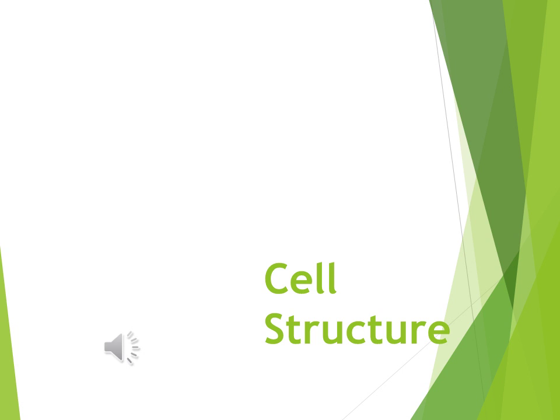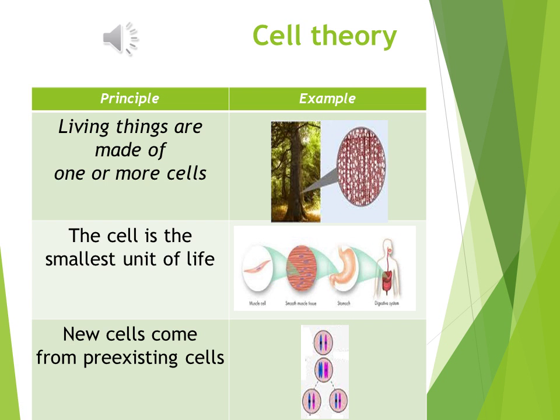Now we are going to talk about cell structure. The observations made by different scientists in the past, shown in the table, became known as the cell theory. The cell theory has three principles. First, living things are made of one or more cells, like the tree.